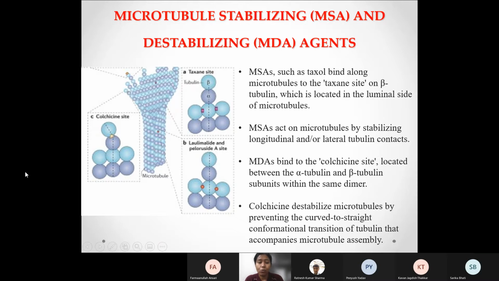And colchicine is known to bind in a polymerized microtubule at a site between the alpha and beta subunits. It sort of helps to induce a very strained conformation and therefore buckling of the protofilaments and dissociation.